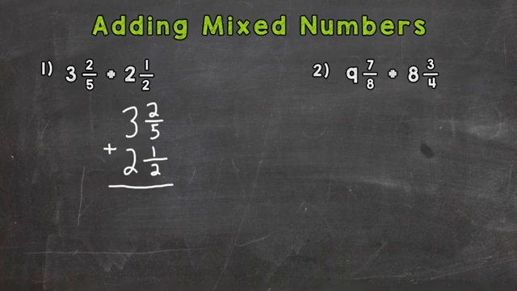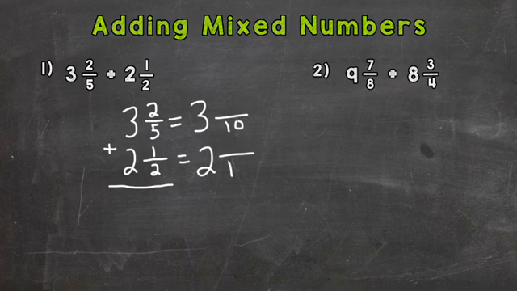So I like to come to the side and think, okay, what is going to be my common denominator for a 5 and a 2? It happens to be 10. So I need to rename both of these mixed numbers, the fractional part, with the common denominator of 10.